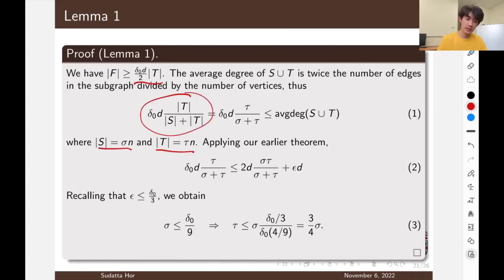Using this, we can find a lower bound for the average degree of S union T, and then remembering our earlier theorem for expander graphs, we can find an upper bound for the average degree of S union T. So then we get the following result in equation 2. And then we use the fact that epsilon is less than or equal to delta naught over 3. And this gives us our final result after some algebraic manipulations.